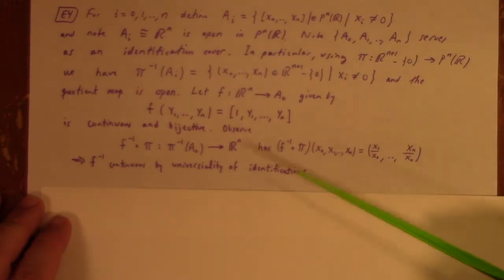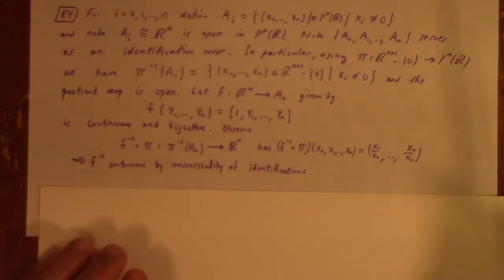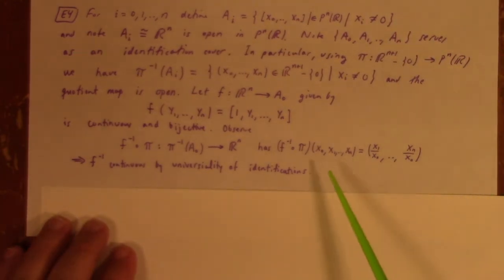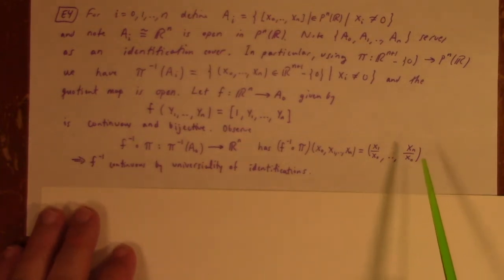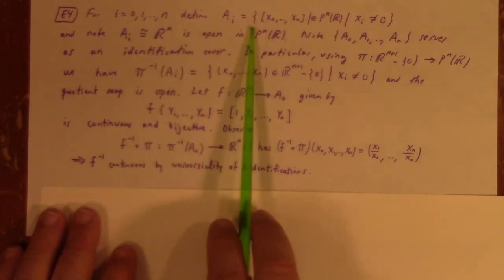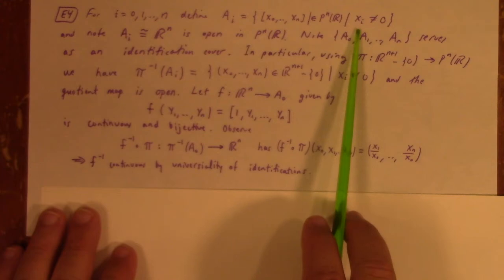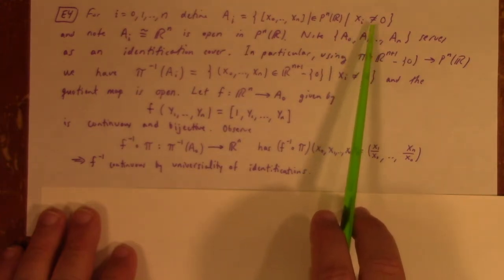And this right here, I think we don't really need too much, but if we were going to talk about projective space as manifolds, these are coordinate charts on projective space, if I remember right. So he basically lays out these sets of equivalence classes such that the ith component's non-zero.